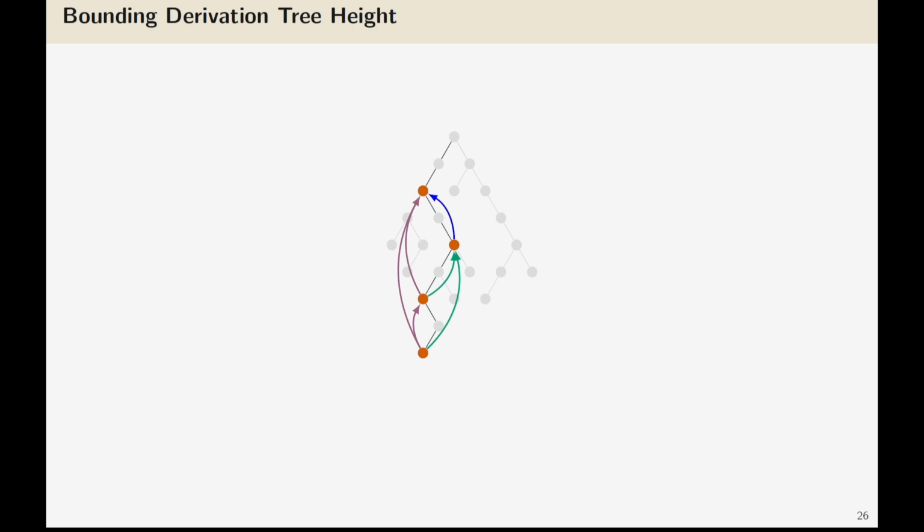Now there's a result from Ramsey that tells us that if that graph of the same non-terminal type and its embedding maps is big enough, then there must exist one clique that is monocolored. Because the colors are our embedding maps, this means that the embedding from the bottom to the middle, from the middle to the top, and from the bottom to the top are the same. That means this must be an idempotent embedding.